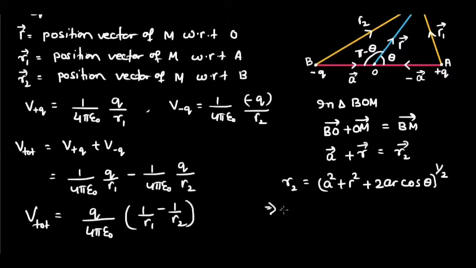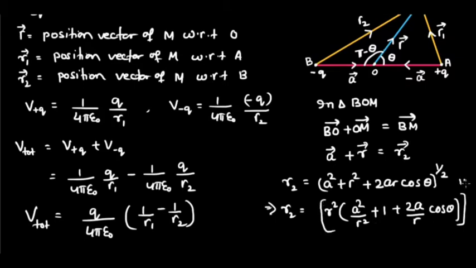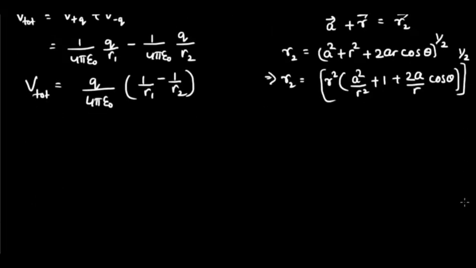So that implies R2 is equal to how much? Now you can take R square common. So you will get A square by R square plus 1 plus 2A by R cos theta, whole to the power half. Is that clear? That implies R2 is equal to, now R square power half will be R, so I can write R here.